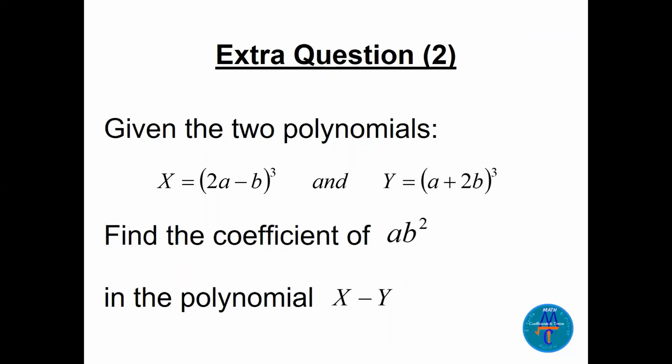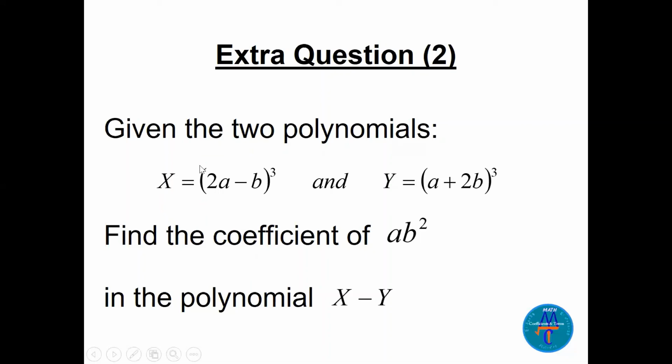A little tricky question. We have capital X, 2a minus b all cubed, which you can simplify. Here capital Y, a plus 2b all cubed, which you can also simplify. What do I need? Find the coefficient of ab squared in the polynomial X minus Y. So what is capital X?